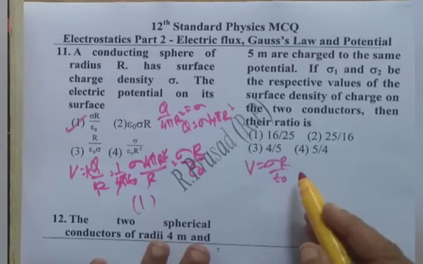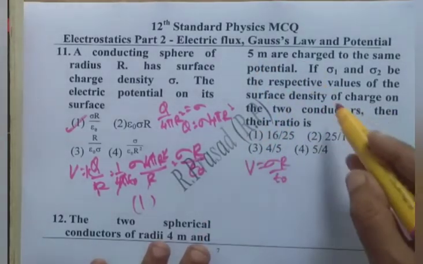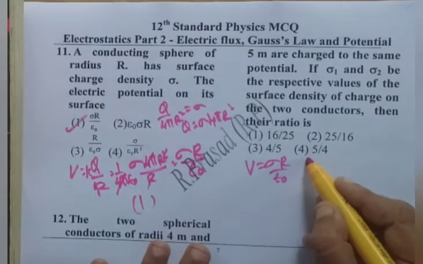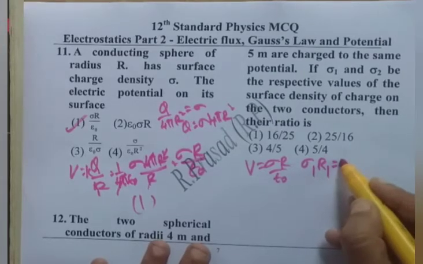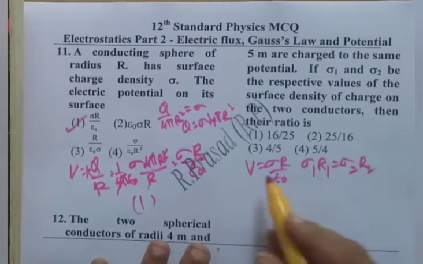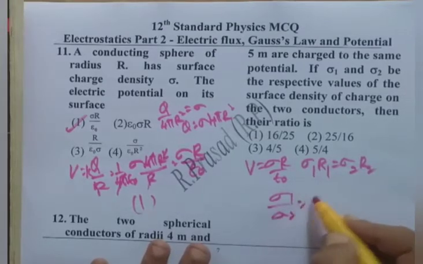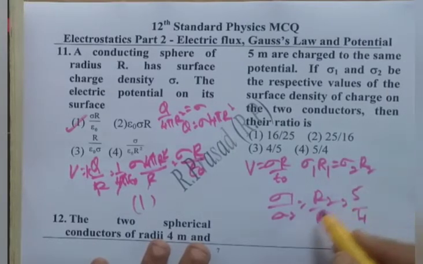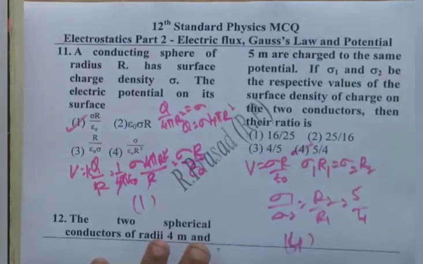Therefore, here sigma and r are the only variables, because radius is variable, charges are variable, and their potentials are the same. Therefore, I can write sigma 1 r1 equals sigma 2 r2, because potential is the same. Therefore, sigma 1 by sigma 2 is r2 by r1. r2 is 5 meter by 4. So, option 4 is right, 5 by 4.